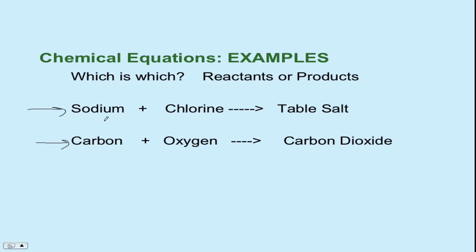Hopefully you figured out that sodium and chlorine, the Na plus Cl, are my reactants because they're reacting together to make sodium chloride, which is NaCl together now. And over on the second one we have carbon, which is C, plus oxygen, which is O2, giving CO2, carbon dioxide.